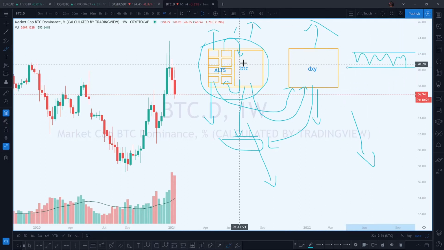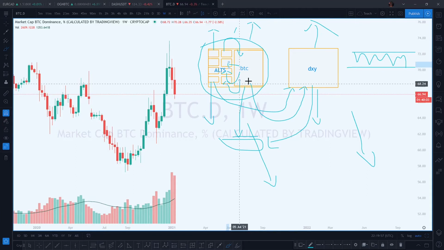Dollar may be ranging, but Bitcoin will also be ranging. So when this happens, it gets tiring for the investors. So instead of selling their Bitcoin to US dollar, because dollar is also ranging, is strong, Bitcoin is equally strong, no movement, that is when they sell their Bitcoin into alts. You start seeing money flow into alts.